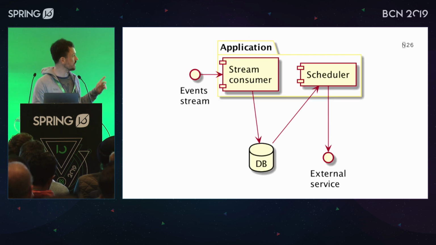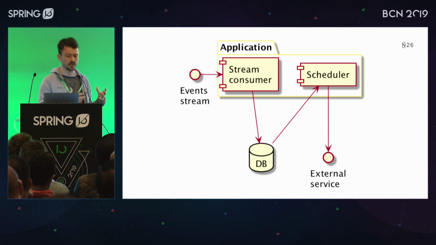Here you can see the simplified view of the problem that we were trying to solve. From the left side, we have this event stream. In our case, it's a Kinesis stream, and we have some events coming from this stream. Now let's think about something abstract.